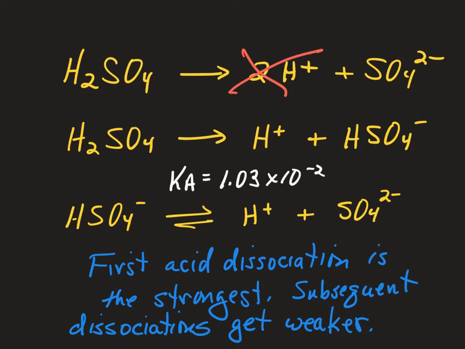That's a principle we see in multiple polyprotic acid situations. Now, it may not always be a strong acid like with sulfuric acid, and I'll show you an example that's not here in a minute. But the first one is always the strongest dissociation.